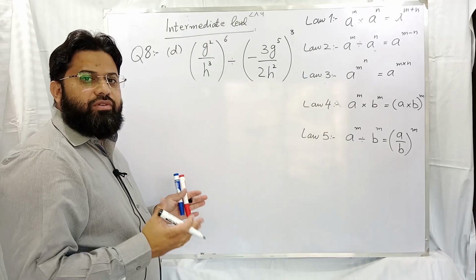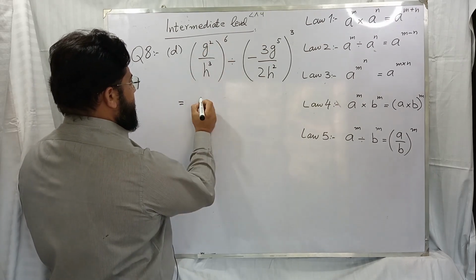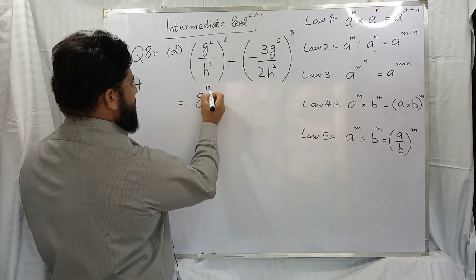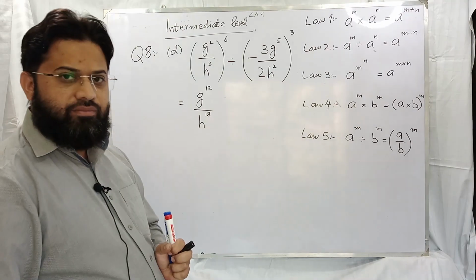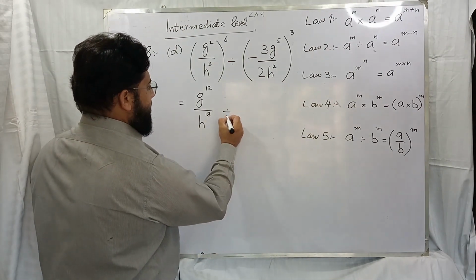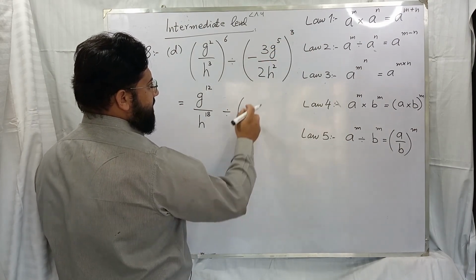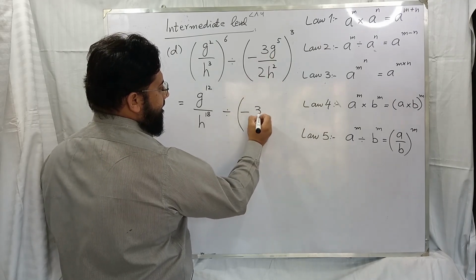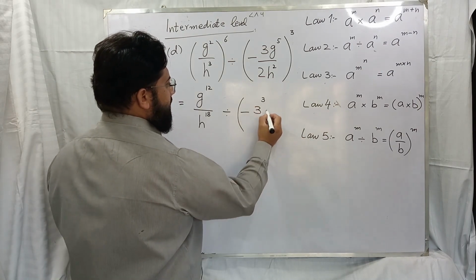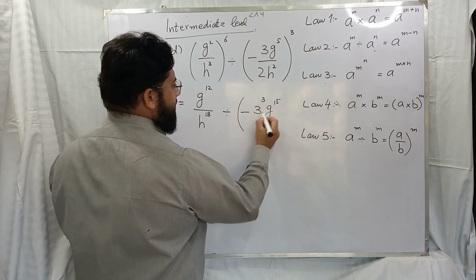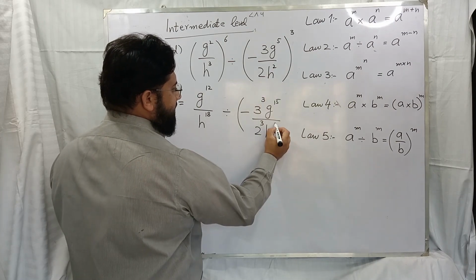This is the question. First of all, we will simplify this bracket area. So g square means 2 into 6, 12, over h cube, 3 into 6, 18. Power of a power will be multiplied. Divided by minus 3, negative, odd times, we will get a negative, so we will keep it in bracket. Minus 3 cube, g 5 into 3, 15, over 2 cube, h 2 into 3, 6.